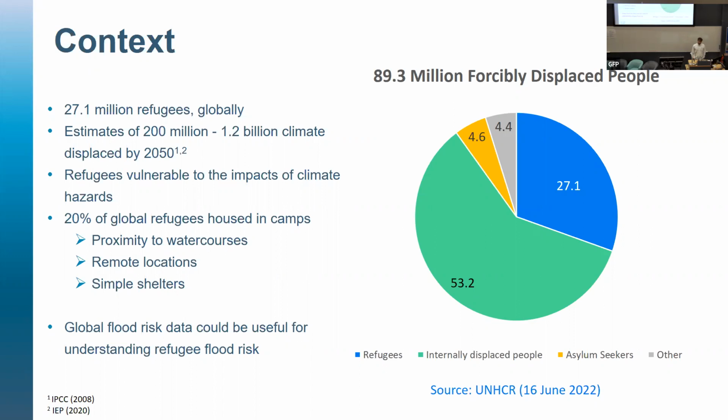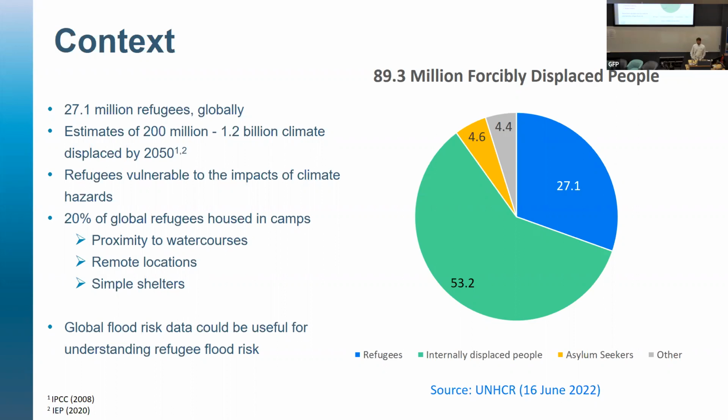Climate change is expected to be one of the key drivers of future forced migration, as the increased frequency and severity of extreme events makes regions less hospitable, and increased competition for scarce resources in some regions becomes a greater catalyst for future conflict. By 2050, estimates range between 200 million and over 1 billion climate displaced people. This is a big problem that's only going to get bigger in the future.